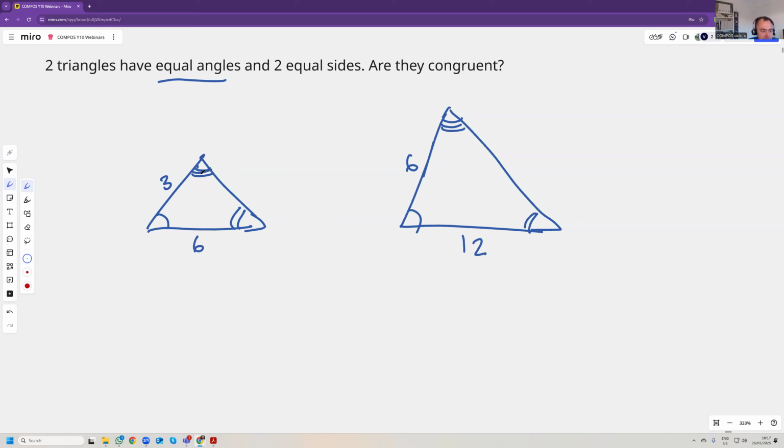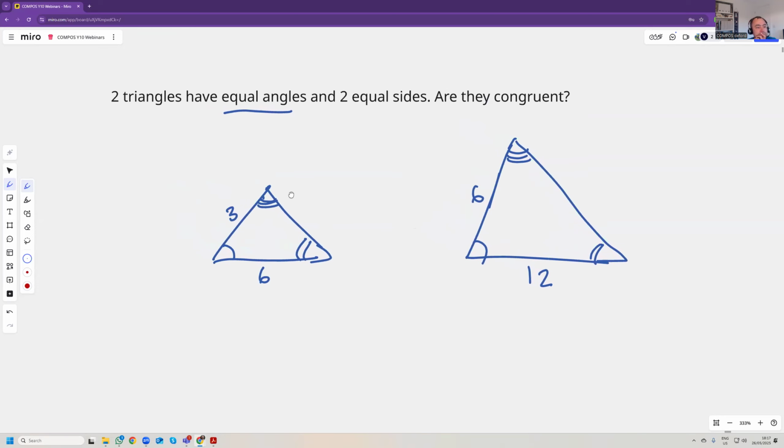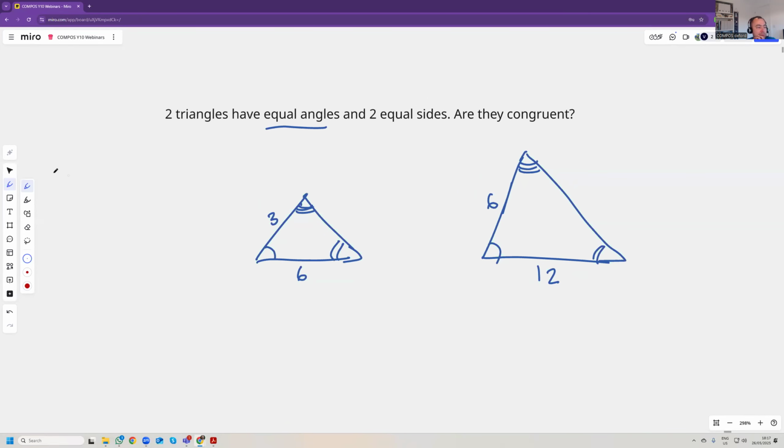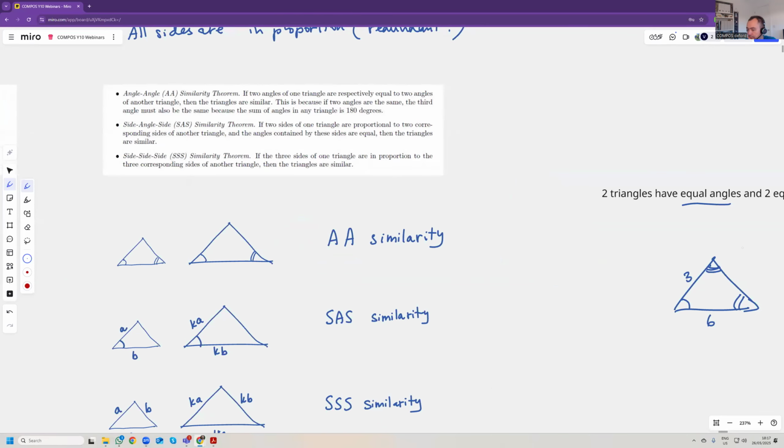And you could have two equal angles and one equal side. I think that's the problem. I think I've copied the question wrong. Because if they have two equal angles and two equal sides, I think they have to be equal.